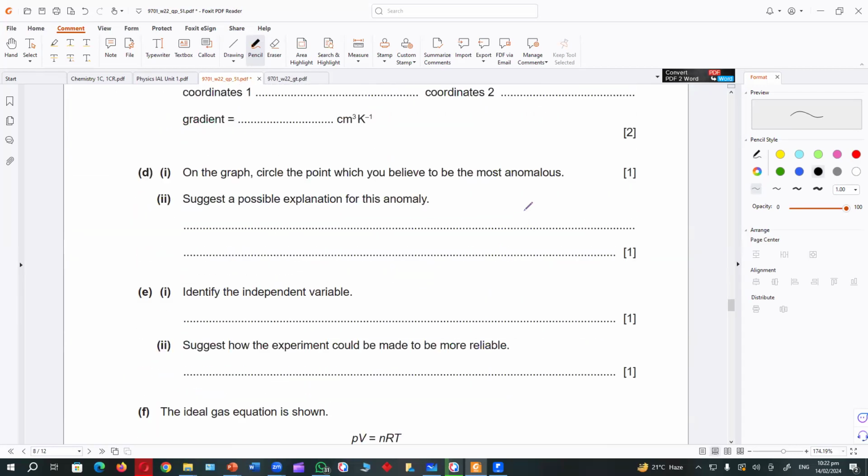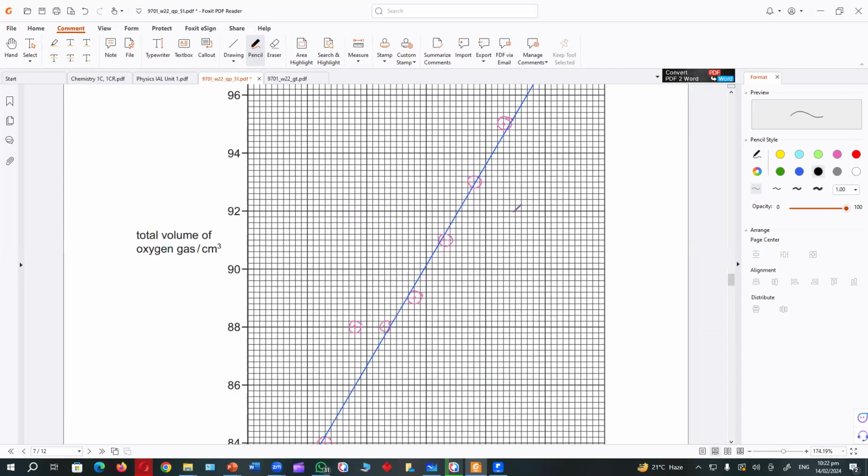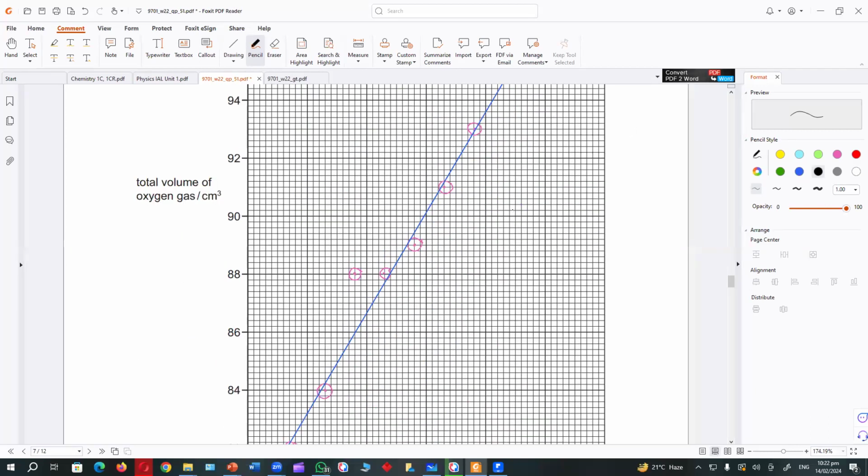On the graph, circle the point which you believe to be the most anomalous. In my case, this is the most anomalous. Yeah, for me too, at temperature 308.